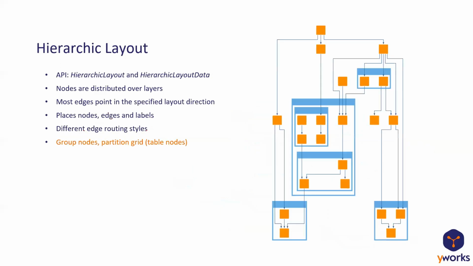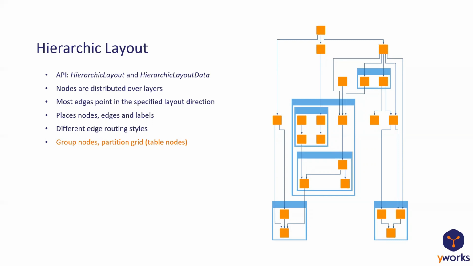So let's continue with another feature we have: group nodes and partition grid or table nodes. In this matter, the hierarchic layout is the one algorithm that supports the most constraints. In this sample, you see nested group nodes, which are no problem for the hierarchic layout.